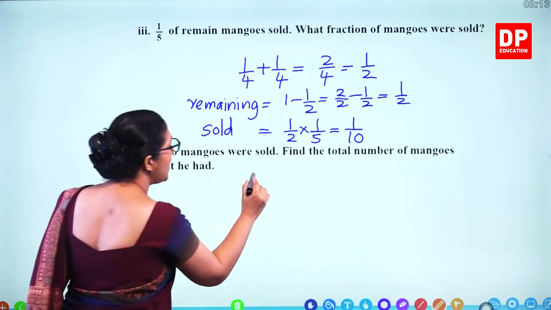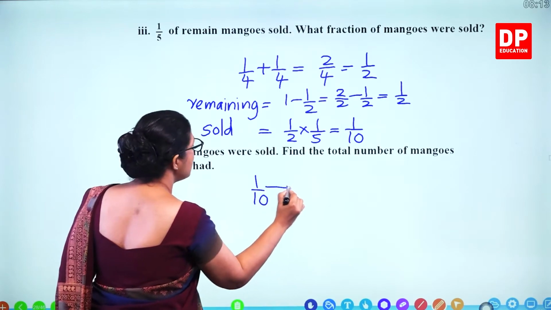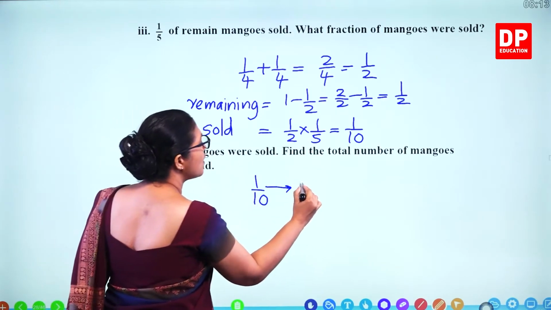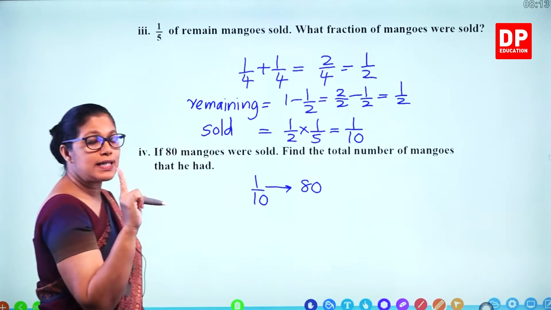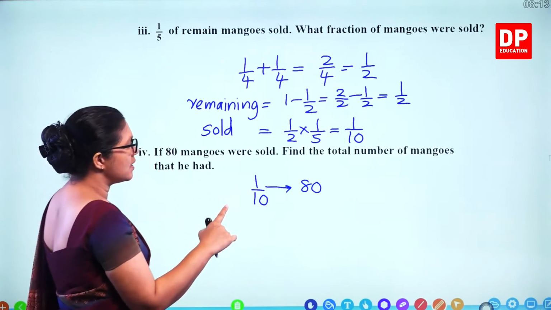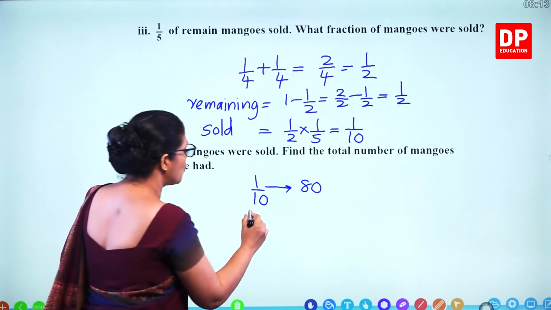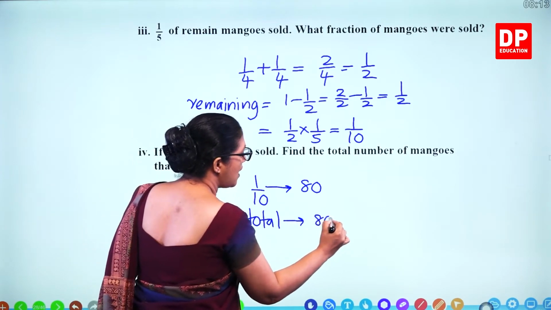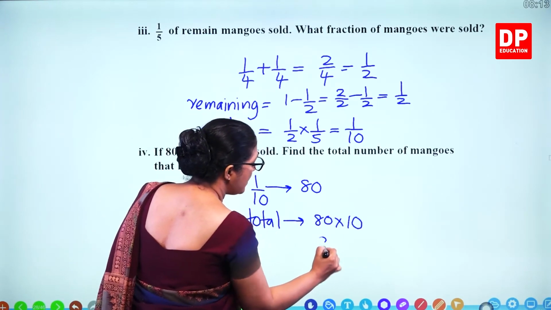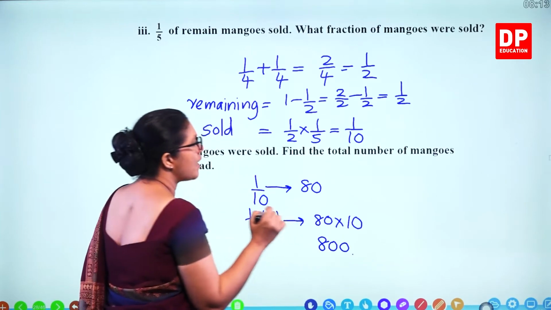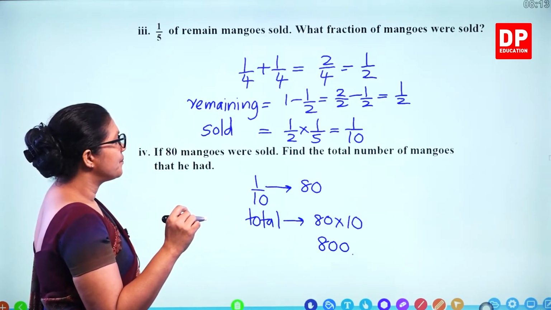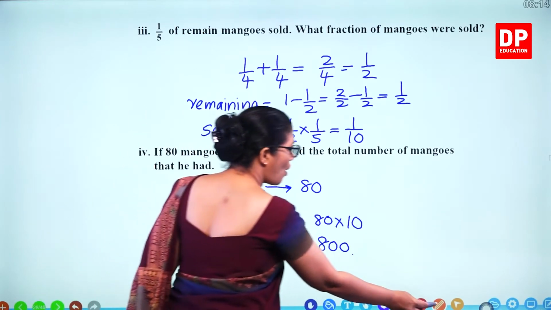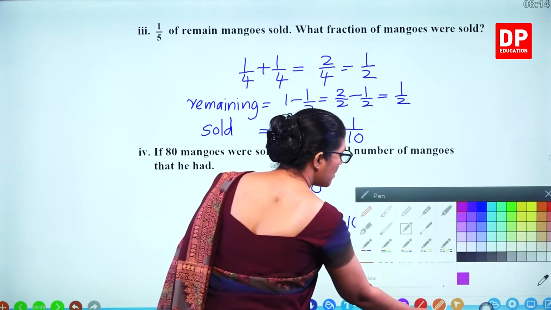So 1/10 of mangoes is the sold part. That's equal to 80 mangoes. So what is the full amount? That means 10 parts. So the total becomes 80 times 10. 800 mangoes were there.